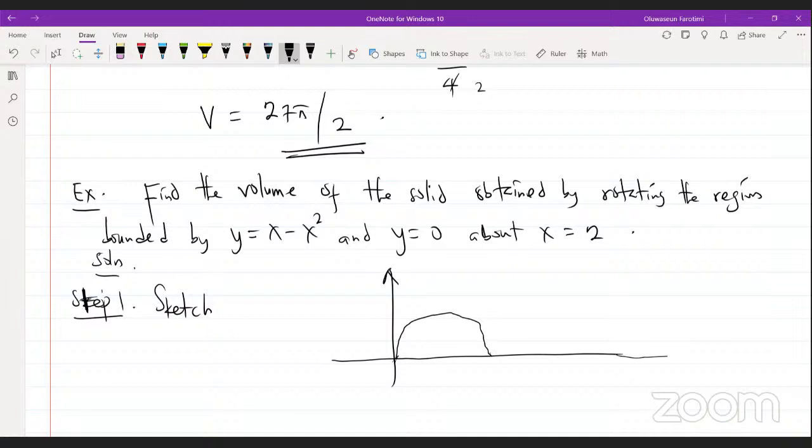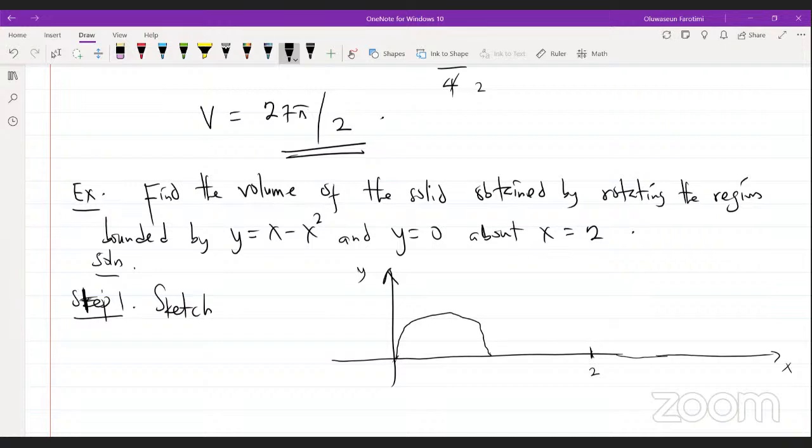Now this says about x equals 2. So this is the x-axis, this is y. For x equals 2, let's suppose we have x at this point. So that means I'm doing a rotation at x equals 2. Interesting.